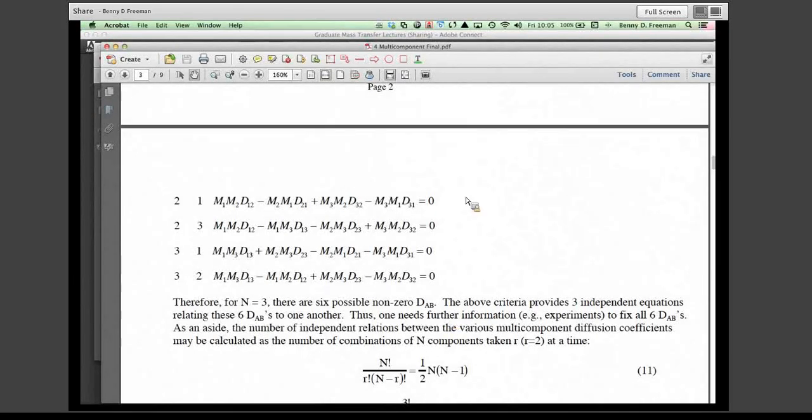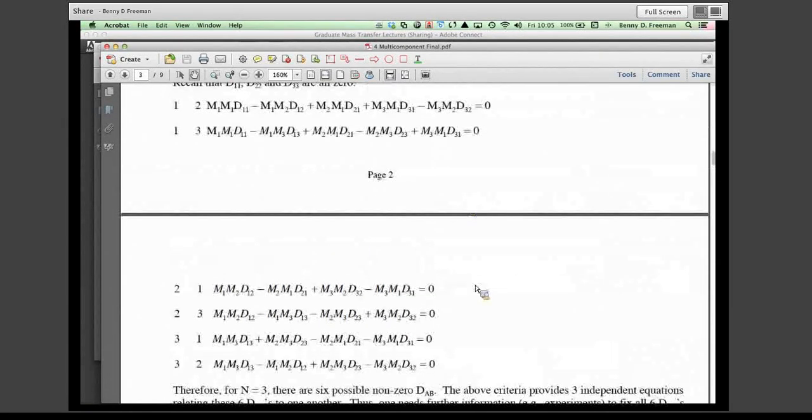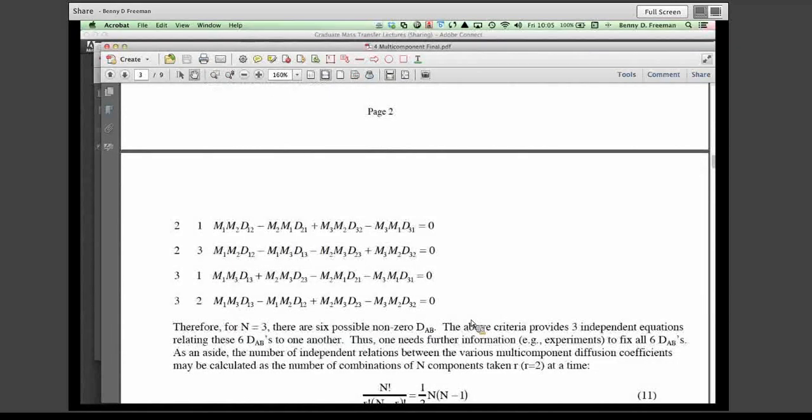If you work through the math and the algebra here, you'll find that the criteria that we've just shown provide 3 independent equations that relate these 6 diffusion coefficients to one another. And so you need further information to fix all of the diffusion coefficients in a ternary system.